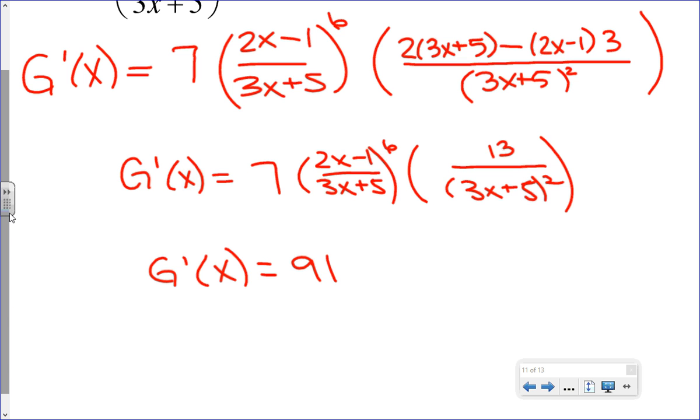Okay. We have 2x minus 1 to the 6th. But then in our denominator, we have 3x plus 5 to the 6th here, and 3x plus 5 squared here. So we could combine those to 3x plus 5 to the 8th power. Okay? Now, that's not something I'm going to make you do. I'm just telling you that that would be the multiple choice answer.